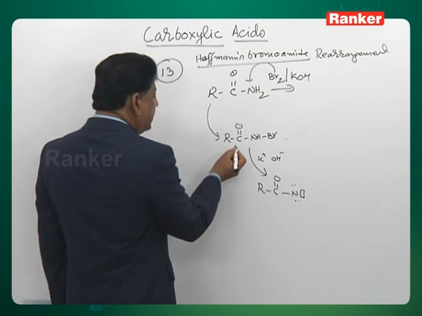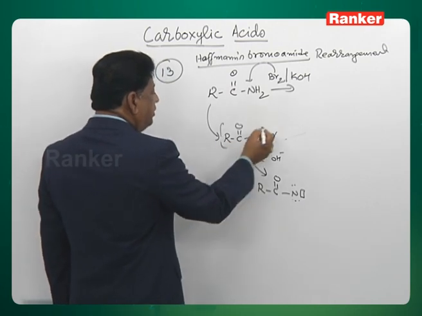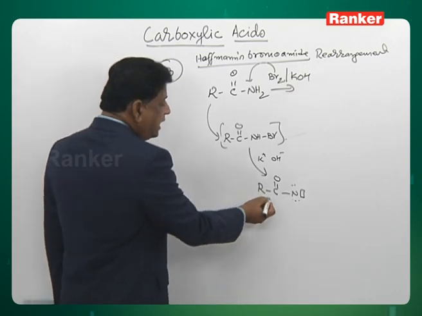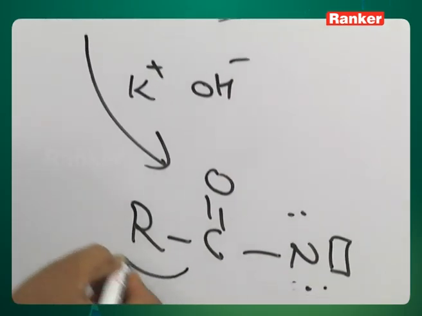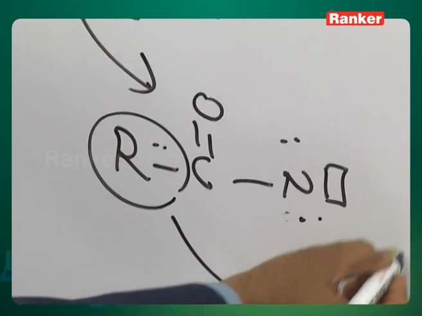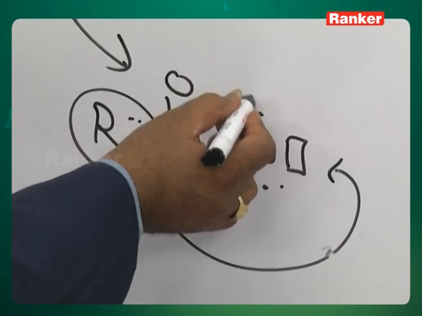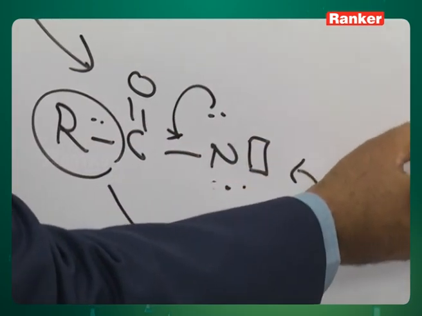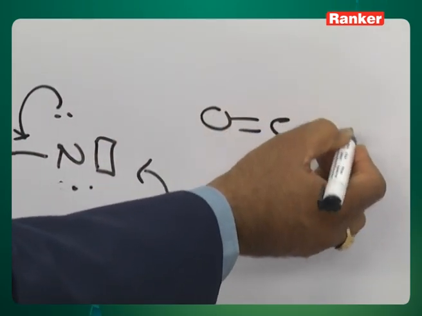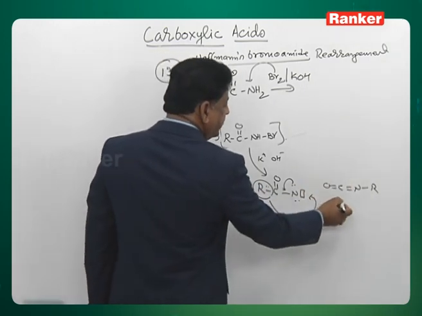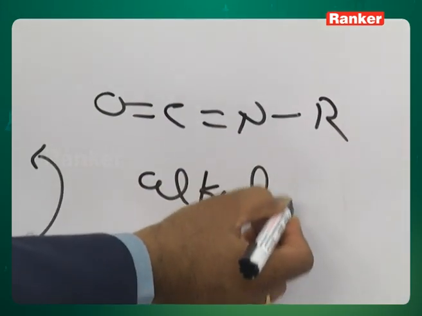The first one is the intermediate N-bromoamide, and the second one is the acyl nitrene. Then the alkyl group, taking 2 electrons, jumps onto this electron-deficient nitrogen, and the lone pair comes here, making R-N=C=O. This is called alkyl isocyanate.